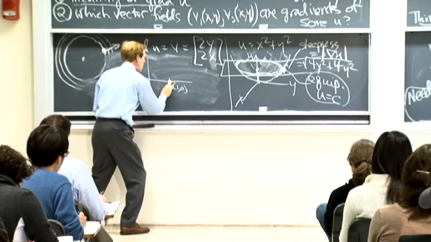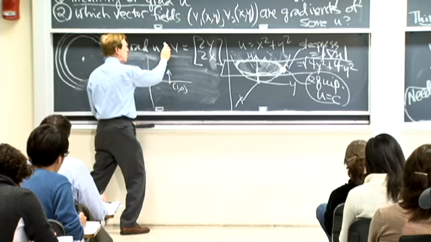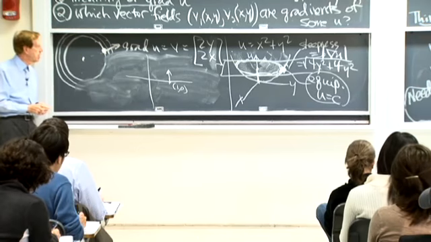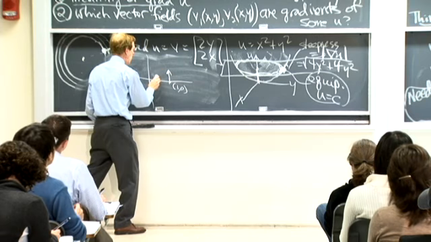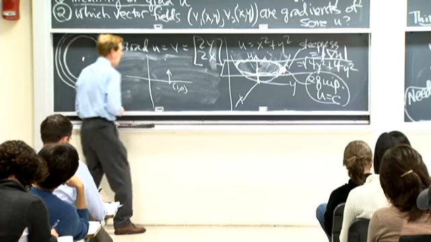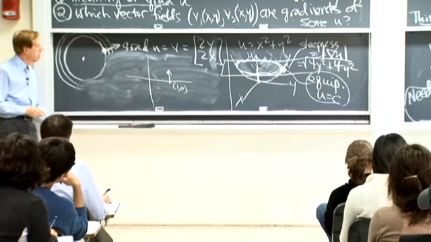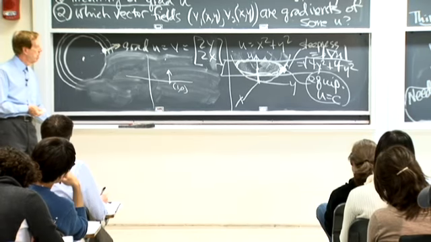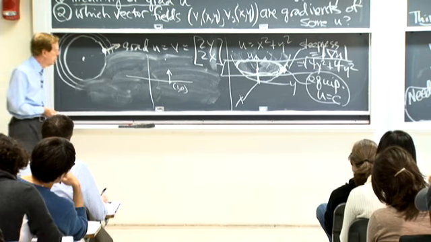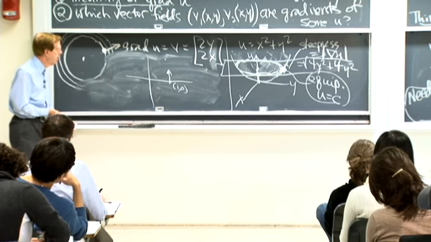So it's a little, I won't draw it too big or you won't be able to see a darn thing. Okay, what about at the point 1, 1? Which way is my vector field going? To 2.